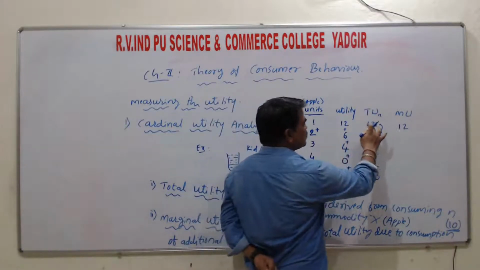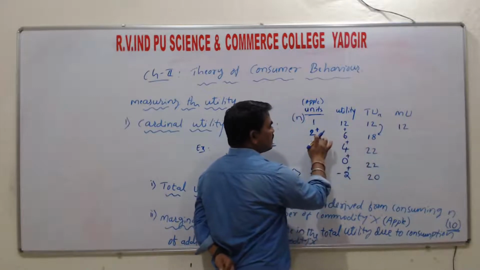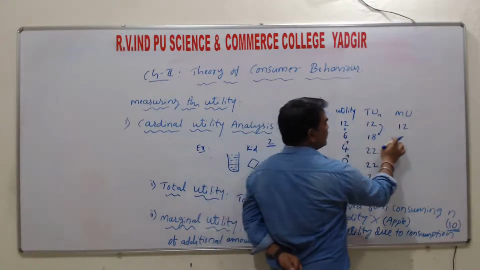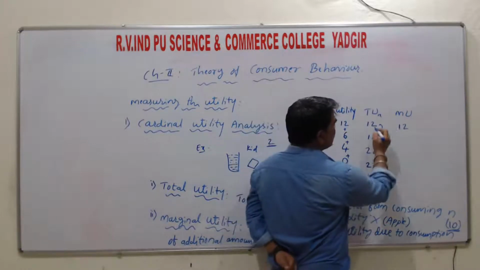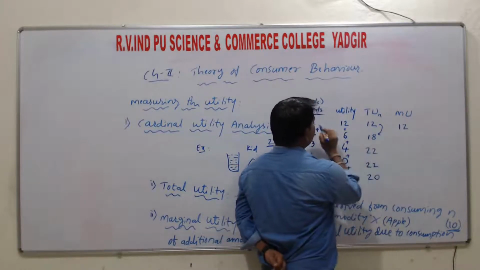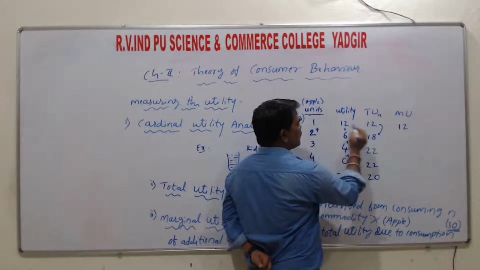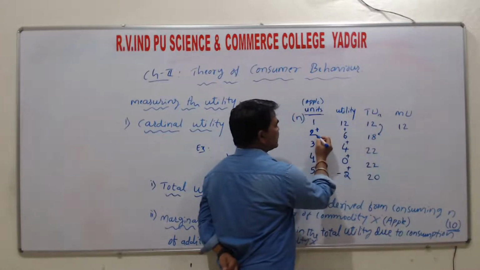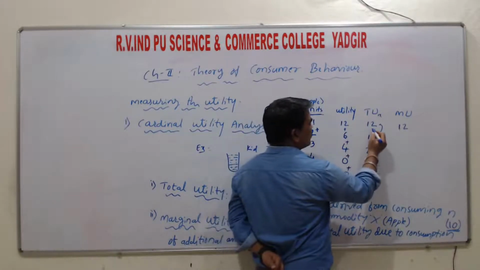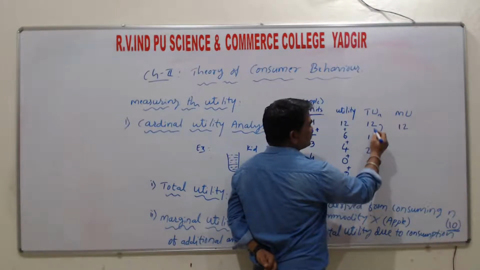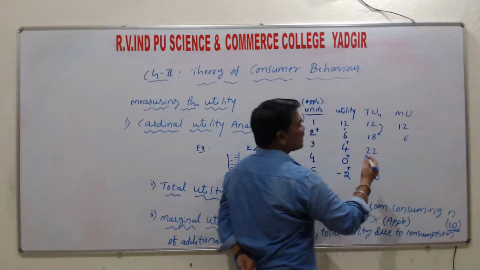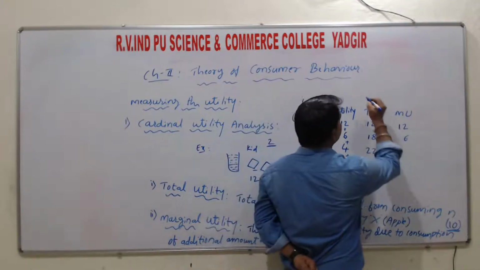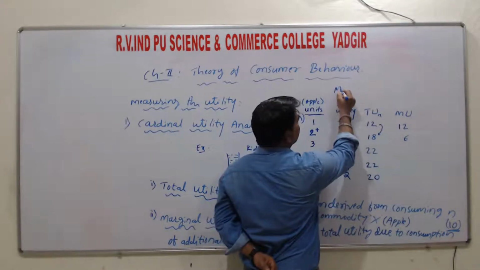This change in the total utility when I consume an additional apple gives me the marginal utility. So what is the change here? Previously when I consumed the first apple it is 12. Now when I consume the second apple it increases from 12 to 18. The change here is 6, correct? So how to calculate that? We have an equation here.